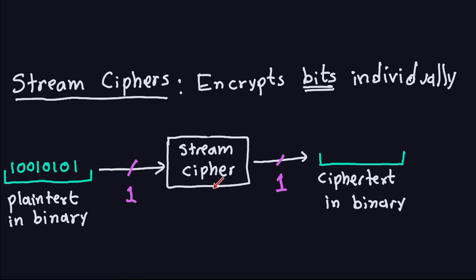This /1 notation means it's going to take one bit and spill out one bit. So you take one bit of plaintext and output one bit of ciphertext. This is what the picture means.